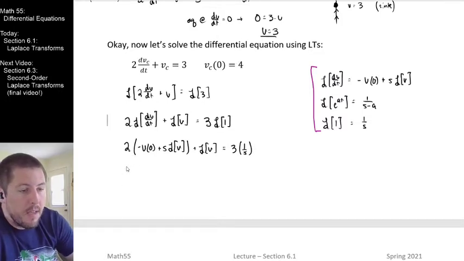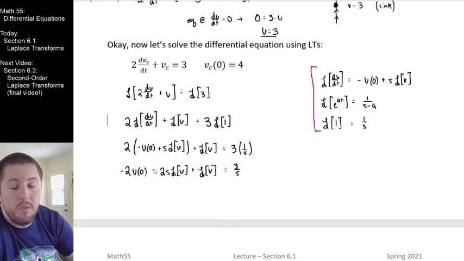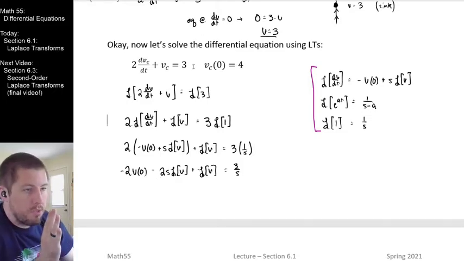So I'm going to write this as negative 2 v of 0 minus 2s Laplace of v plus the Laplace of v equals 3 over s.